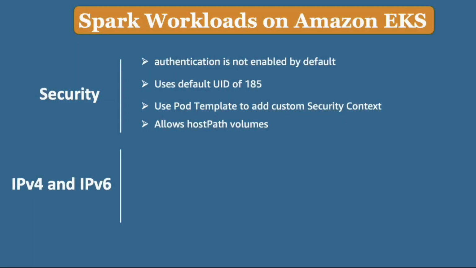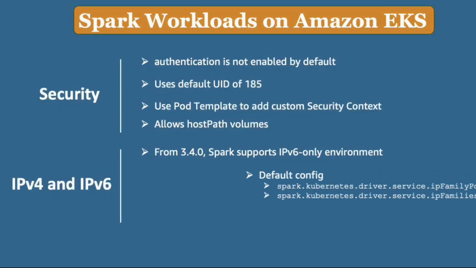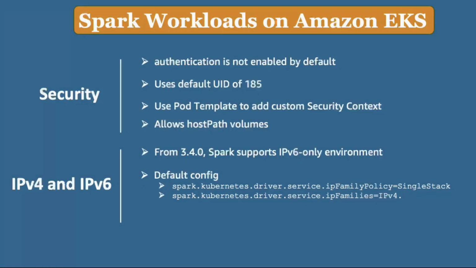Then both IPv4 and IPv6 are supported in Spark, and from version 3.4.0 onwards, an IPv6-only environment is also possible. For example, by default, the configuration will support IPv4 using two variables, IP family policy and IP families. But if you wanted to do only IPv6 based clusters, then you can use the variable IP families and set it to IPv6.